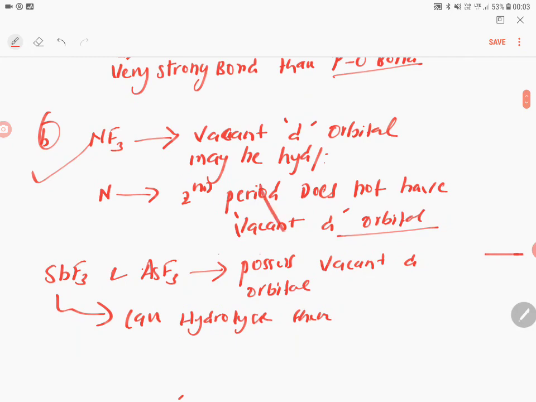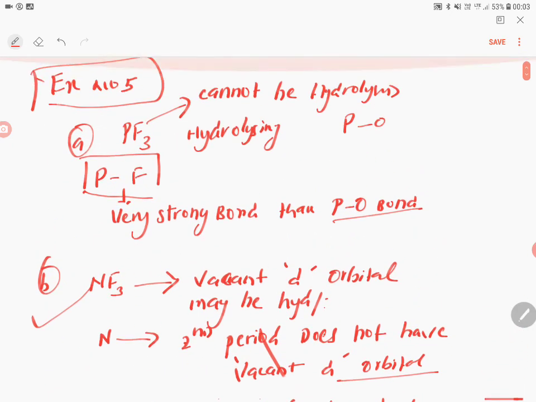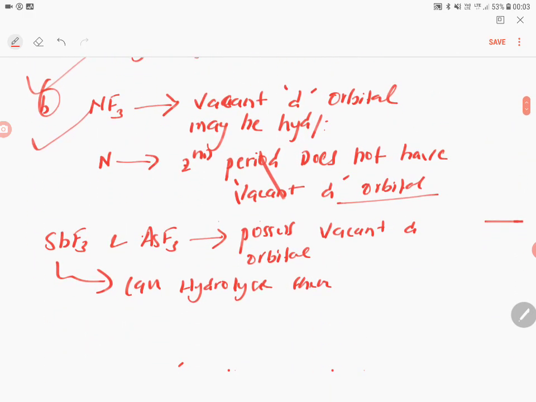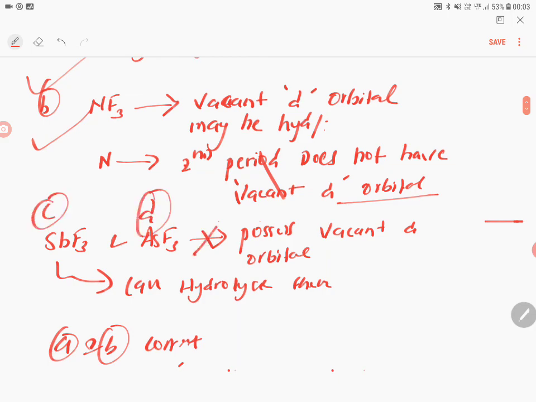Therefore, our option A and B is correct. So the correct option is option A and option B. Option C and option D, they can be hydrolyzed, they are not the answer.